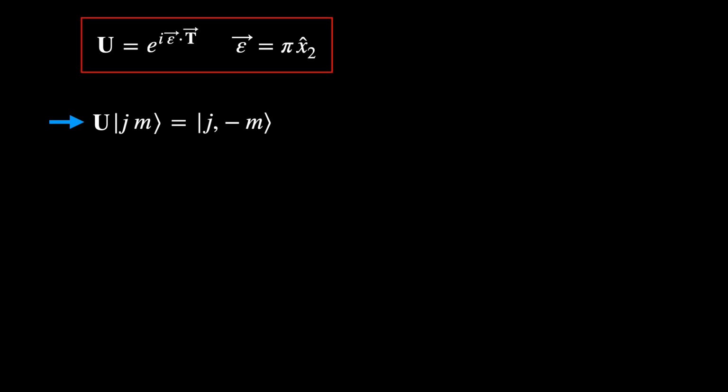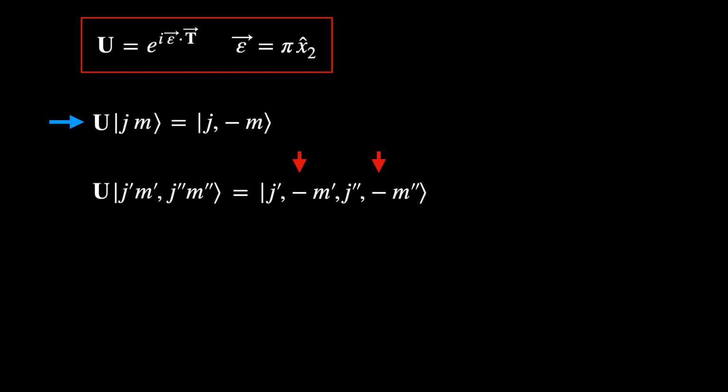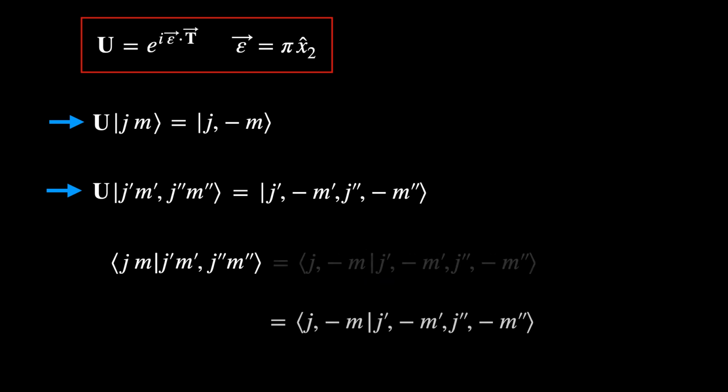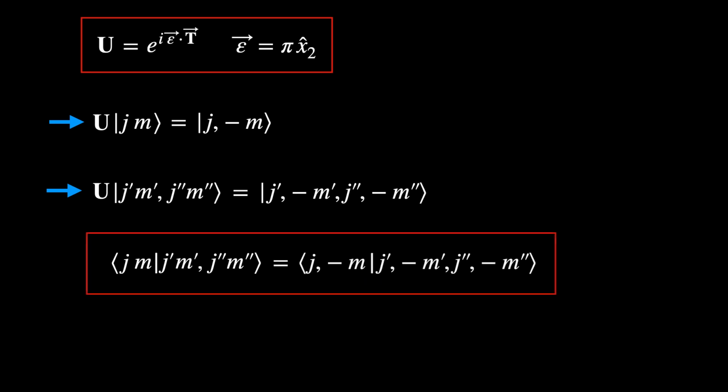But of course, the transformed state would still be in the same isospin multiplet. Similarly for a product state, we have, going back to the earlier transition amplitude and applying our results, the relation between the amplitudes mentioned earlier.